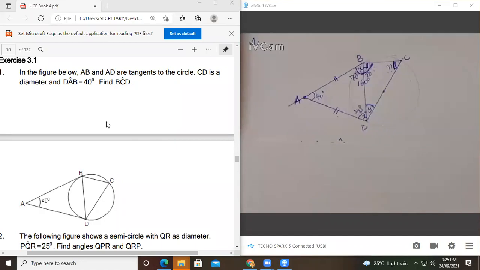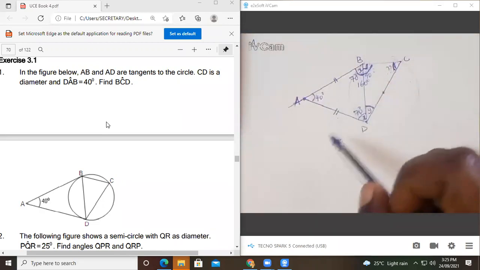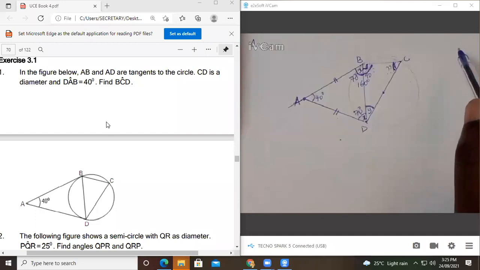Members, are you there? Yes, teacher, we are there. So you give me the answer. I've helped you. Now you are quiet. So DAB is 40 degrees. And I told you that this one, where they meet, is 90 degrees. So how do we get Y? What is the value of Y?